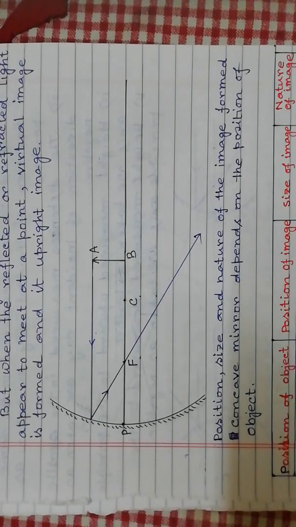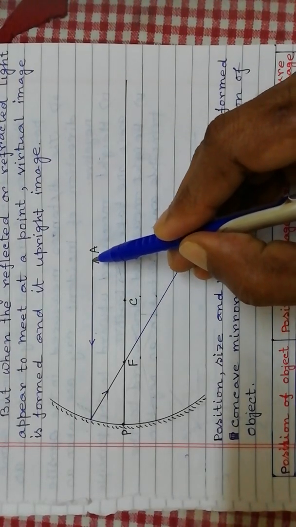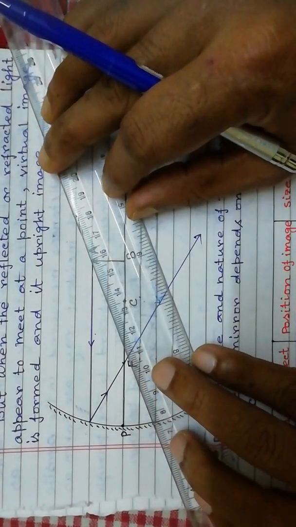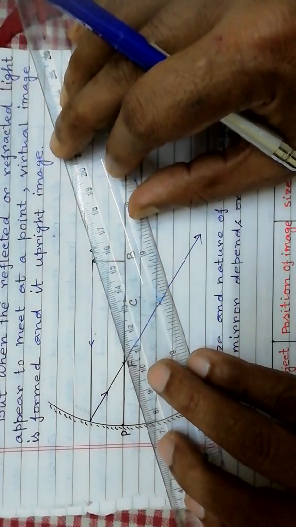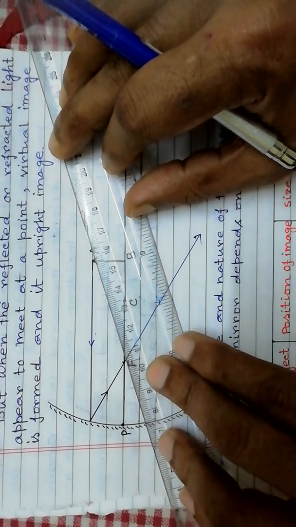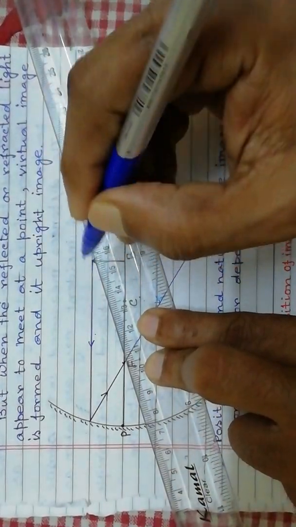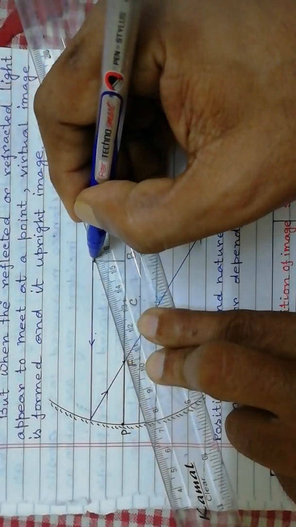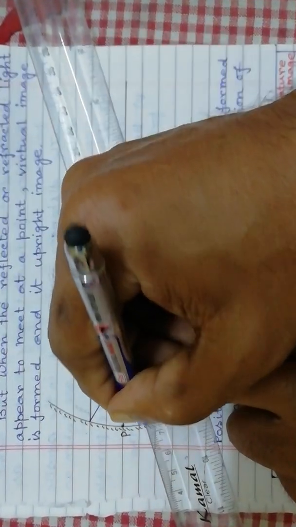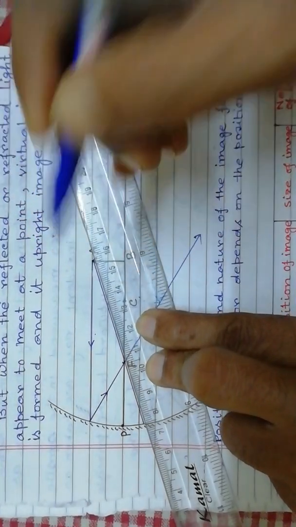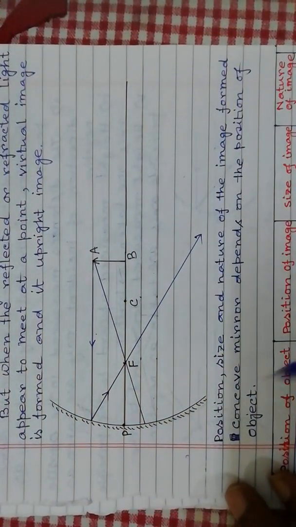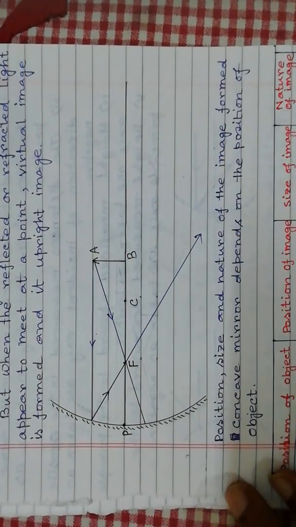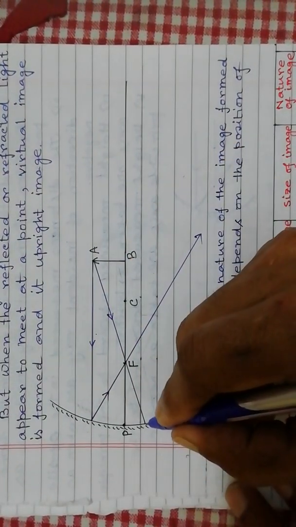Now take another light ray from A. The incident ray is taken through the focus. So you put your scale and draw this, another incident ray.